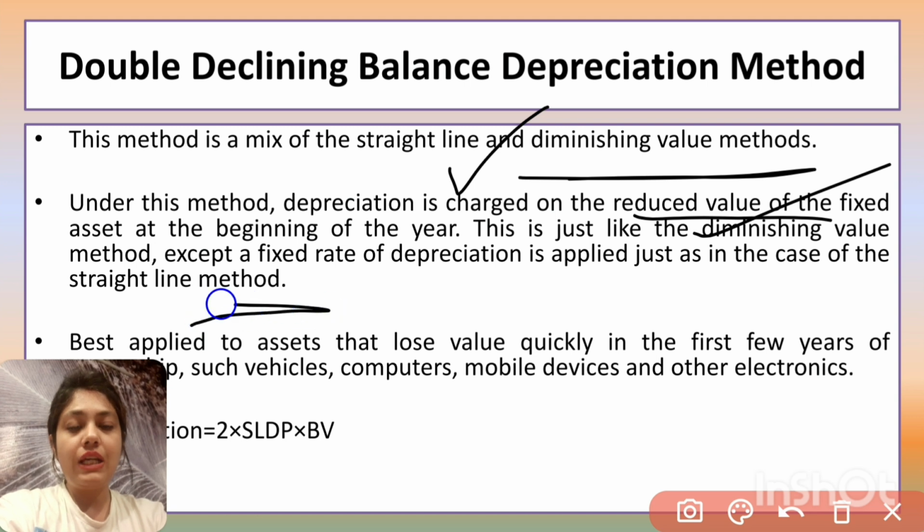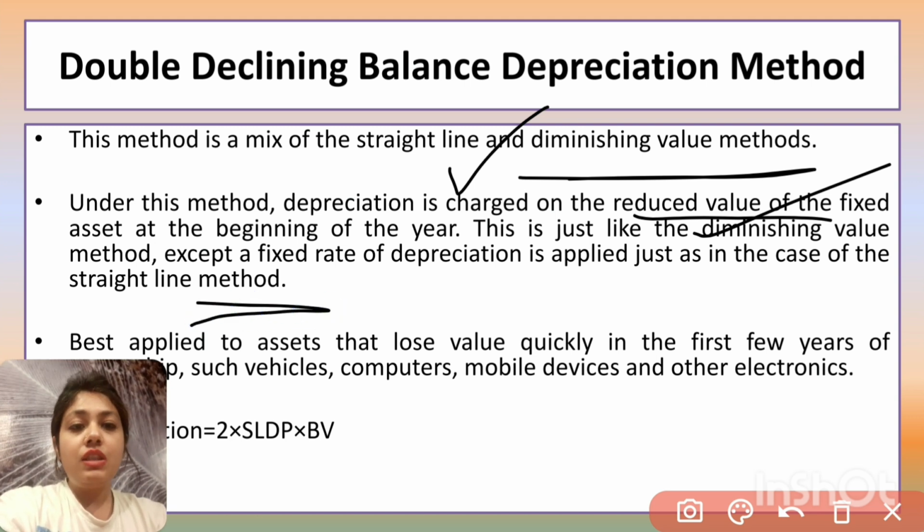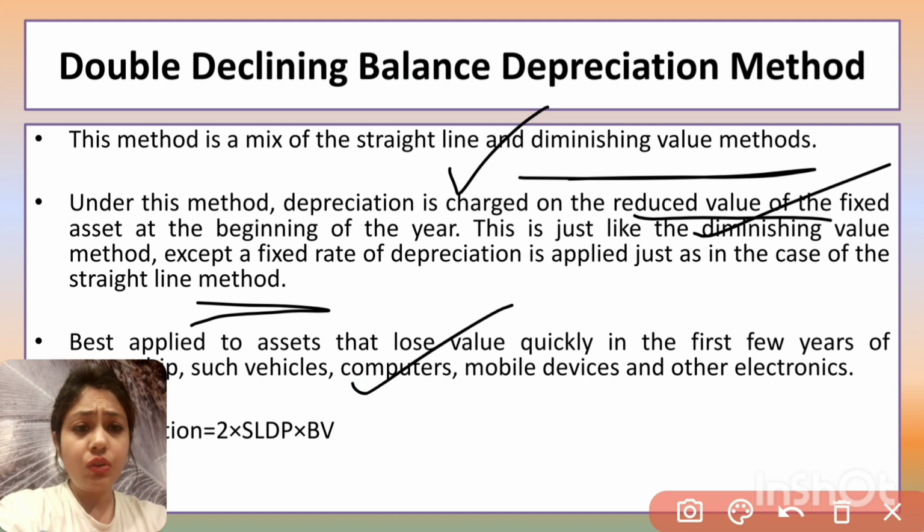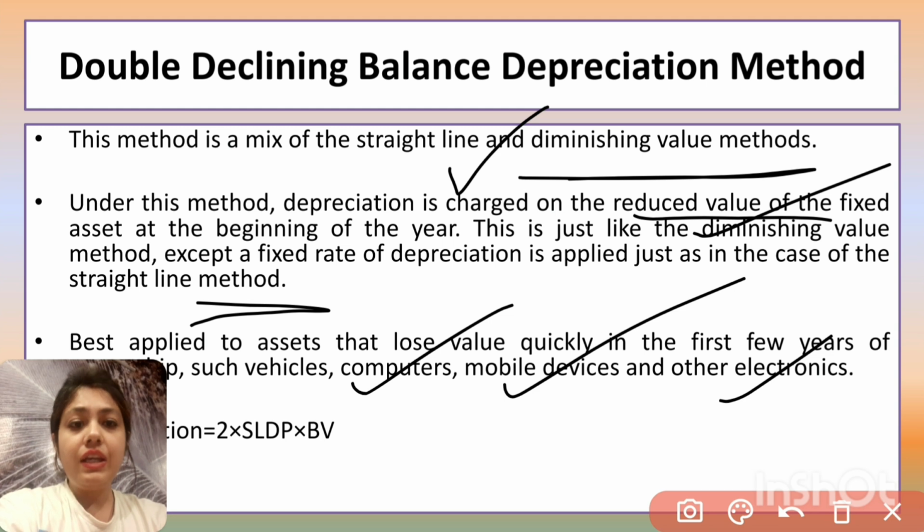So this is the straight line method. This method is basically used for assets that lose their value very quickly over a few years. Examples could be computers, electronics, mobile devices, vehicles, and so on and so forth, right?